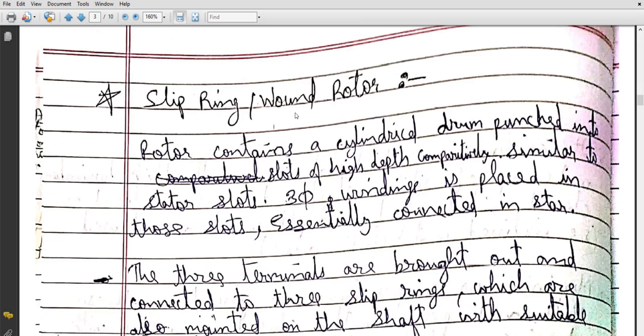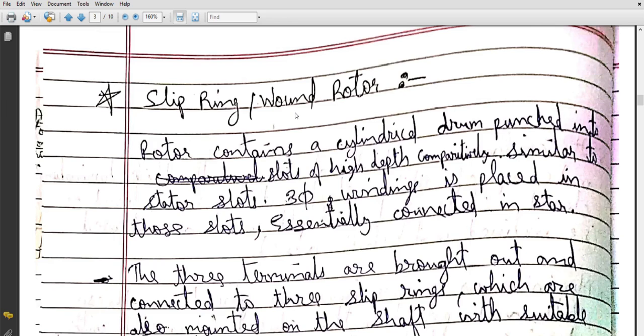Now, what is there in this type of induction motor? As I've already told you, the structure of the stator is the same in both. Whether we talk about a squirrel cage type or a slip ring type induction motor, the stator consists of a three-phase balanced winding, spatially displaced by 120 degrees.